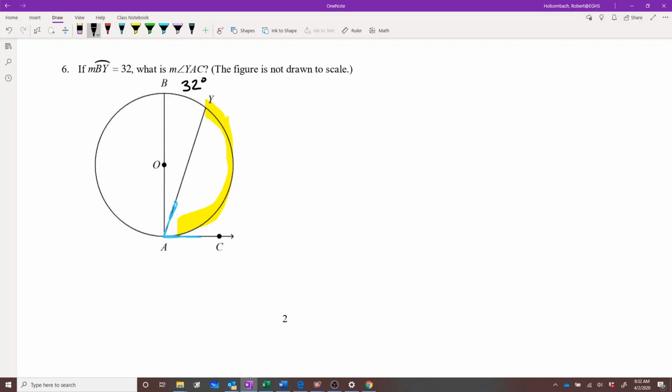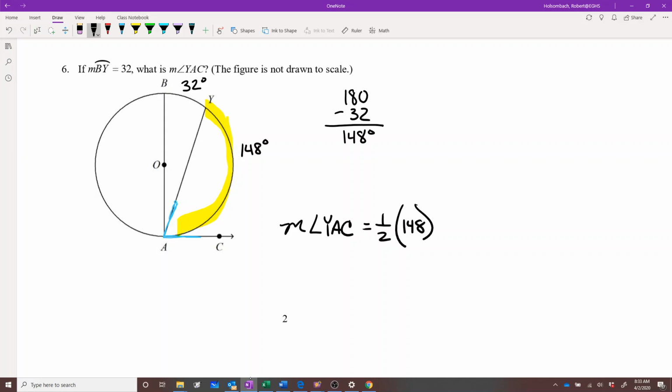So if you take 180 and you subtract 32, that leaves you 148 degrees, which means the arc YA is 148 degrees. Well, that means the measure of angle YAC is equal to 1/2 of 148 degrees. So the measure of angle YAC is going to be equal to 74 degrees.